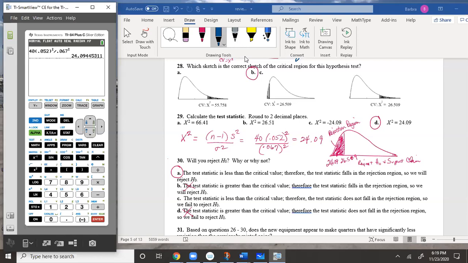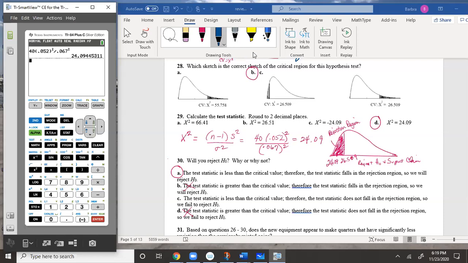And I have to figure out where to put this test statistic on this number line. It's 24.09, and that number is less than 26.509, so we have to put it to the left of that number. Since the test statistic is in the shaded region, it's in the rejection zone where we reject the null and support the claim.